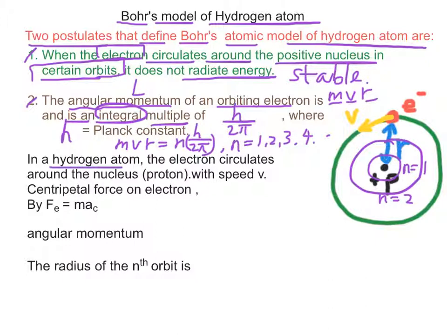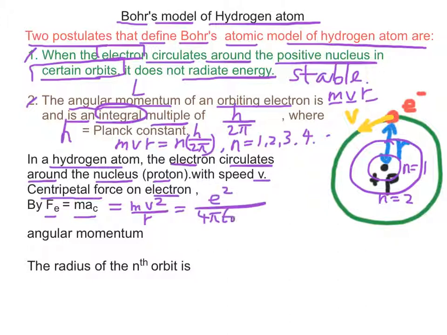In a hydrogen atom, the electron circulates around the nucleus or the proton with speed v, as shown. The centripetal force on the electron, F equal to ma_c equal to mv squared over r, is equal to the electrostatic force, e squared over 4 pi epsilon r squared.